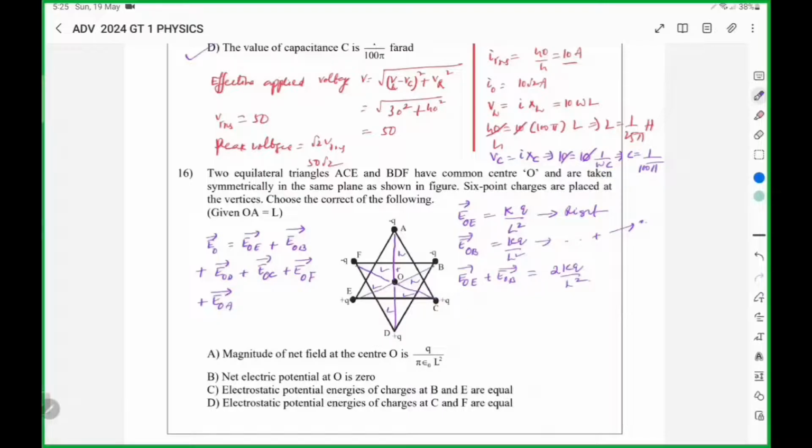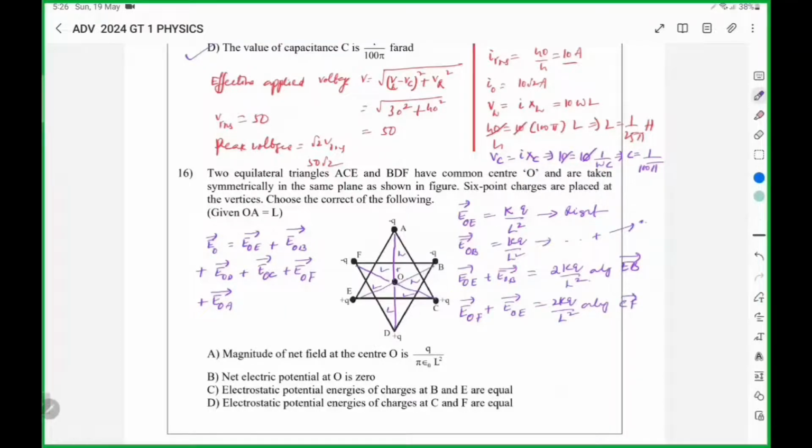Similarly, it's along the EB direction. Electric field at O due to the charges present at C and F is also 2KQ by L square along CF.